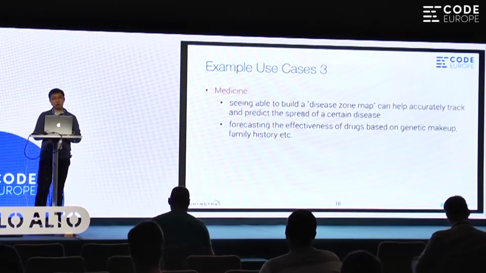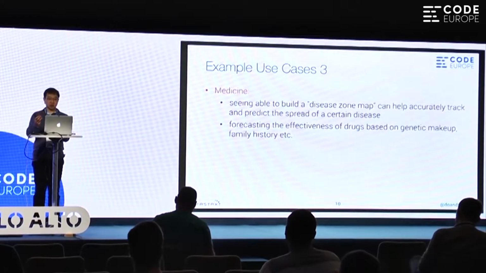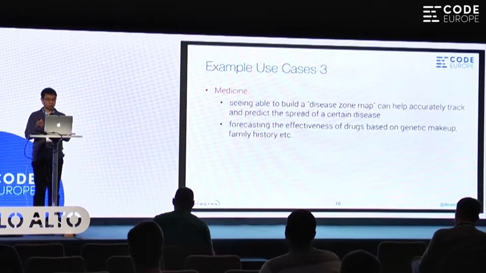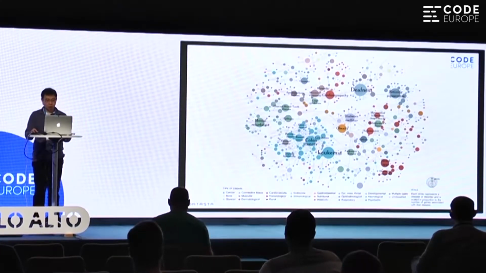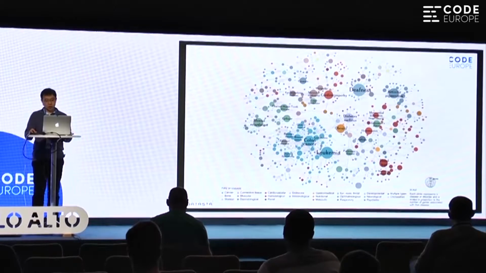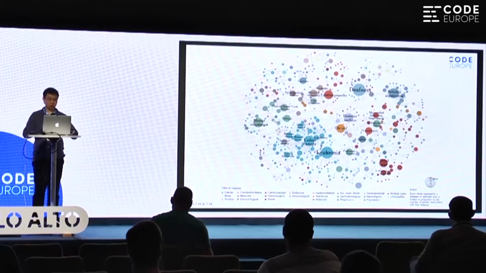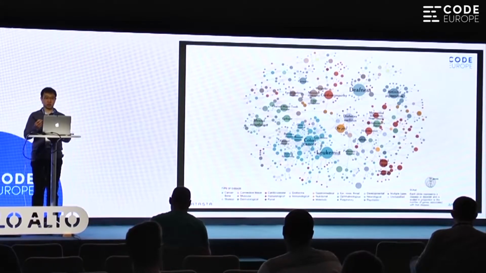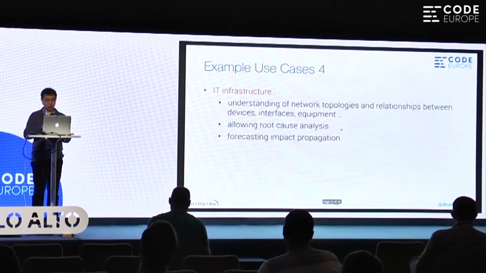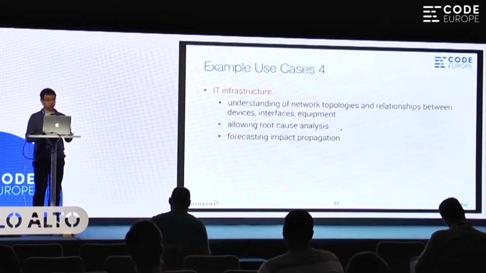Another example is for medicine. So for example, when you have some disease and you want to find correlation between different diseases, you build a map. For example, you can see that there's some correlation between diabetes and obesity, right? So when you build a graph of those diseases, you can find correlations. And the last use case for me is when you are managing IT infrastructure.